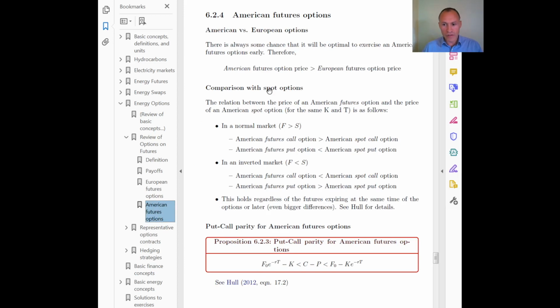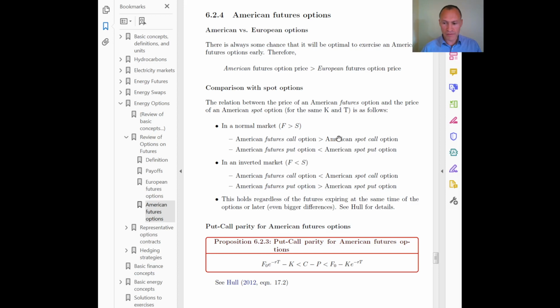Here the relation between these two options depends on the shape of the futures curve.